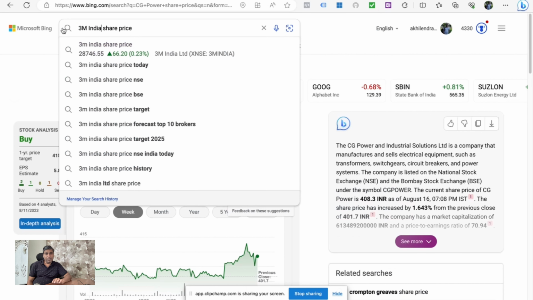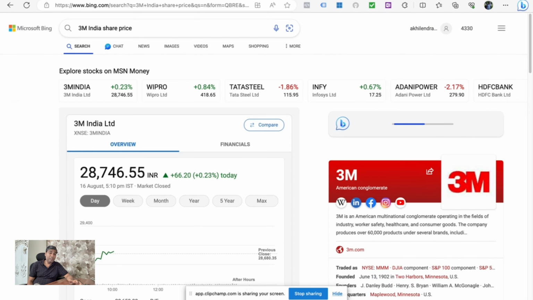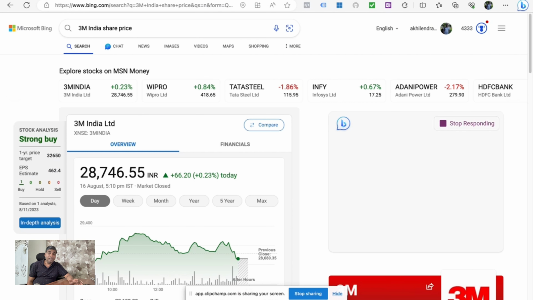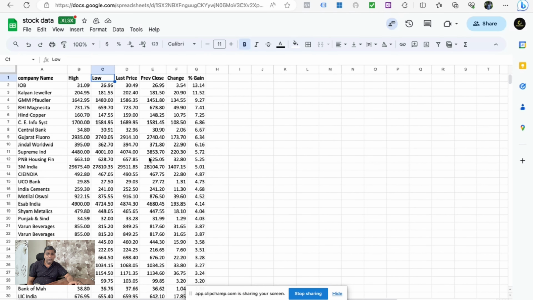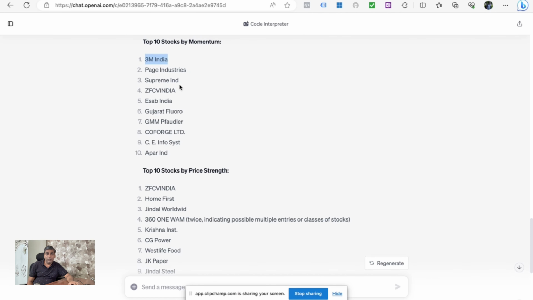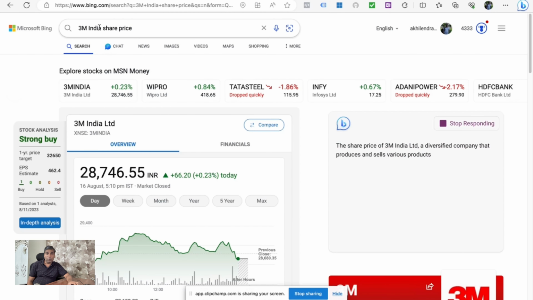So it seems that if you are someone who invests in stocks, and if you are good at it, then maybe you can use ChatGPT's code interpreter for your analysis.